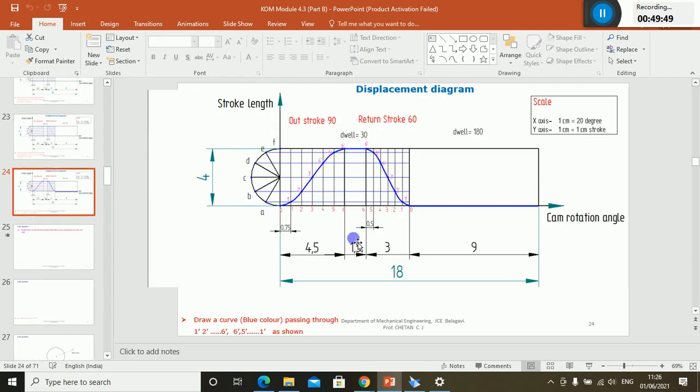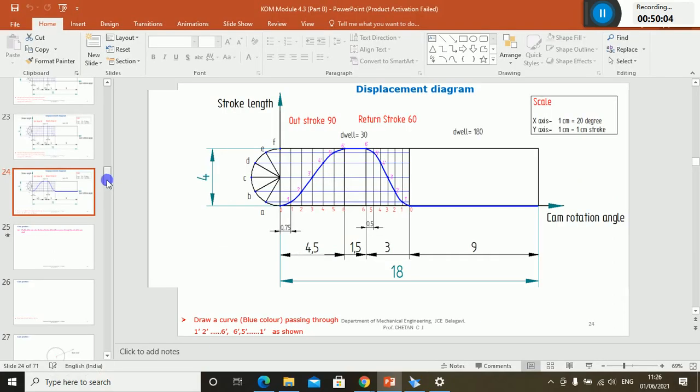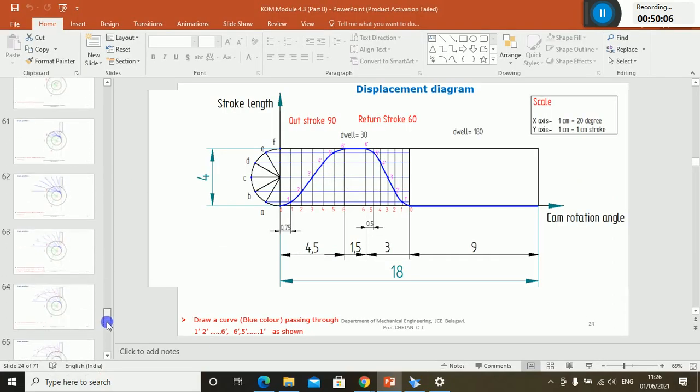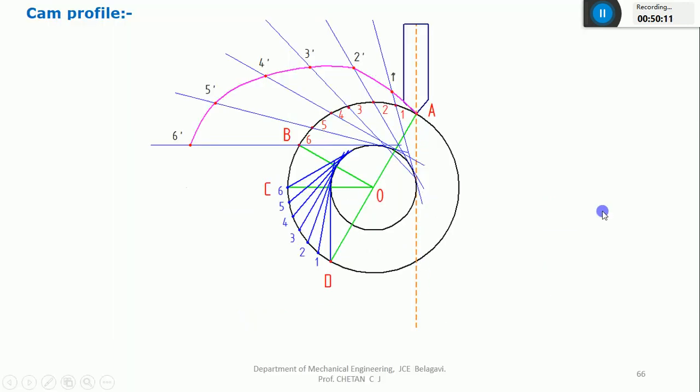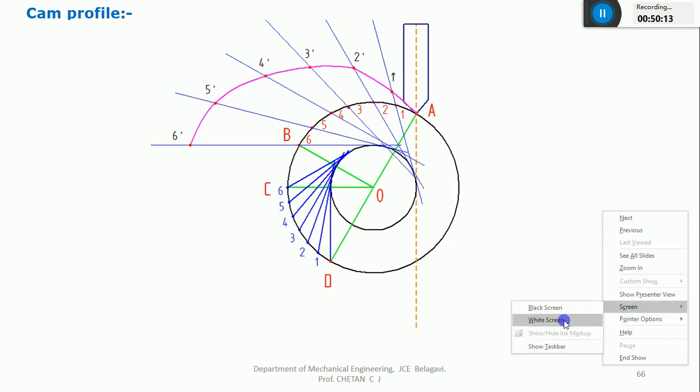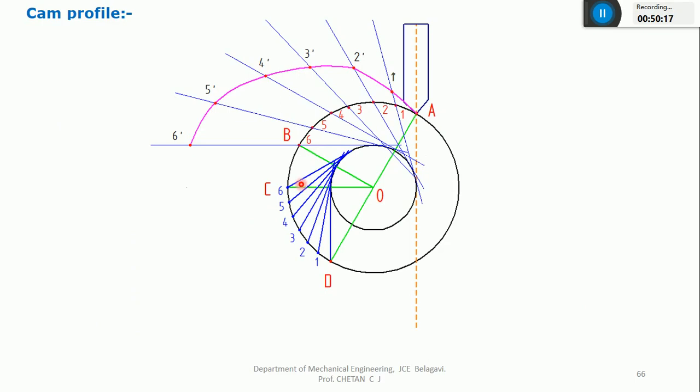So this is our displacement diagram. Now I have these distances 6 to 6 dash, 5 to 5 dash, 4 to 4 dash, up to 1 to 1 dash, with respect to the return stroke angle. Using the compass, I'll copy these 6 distances one by one and transfer them over this cam profile. 6 to 6 dash, 5 to 5 dash.